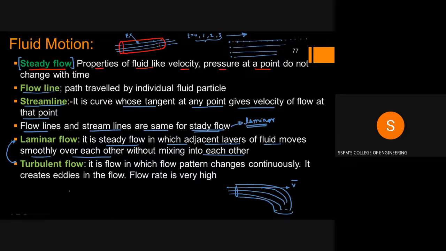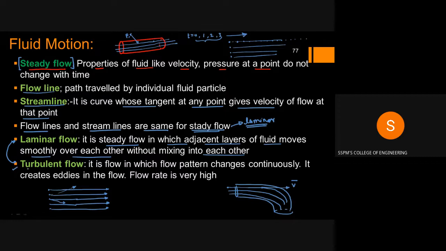So for the laminar flow, fluid particles will travel in different parallel layers smoothly without mixing into each other. This fluid particle will not cross the adjacent layer. So the flow will appear as parallel lines. So this is called a laminar flow.